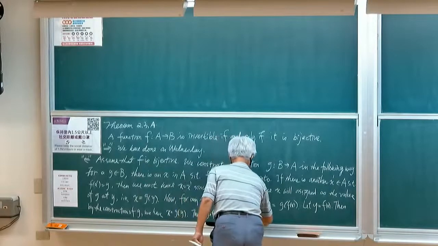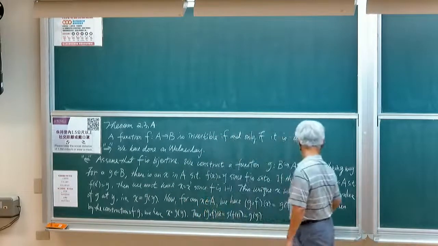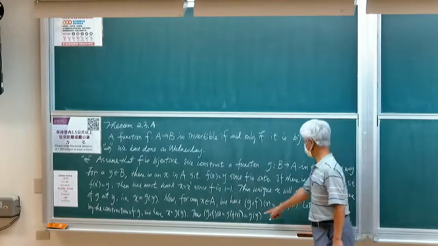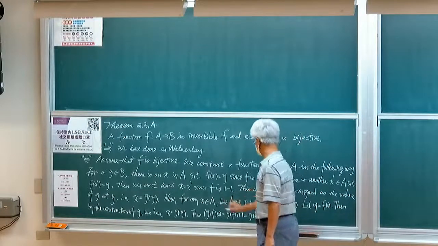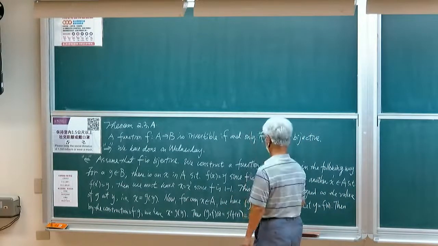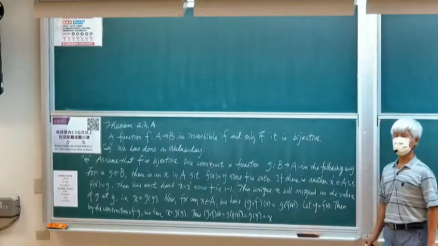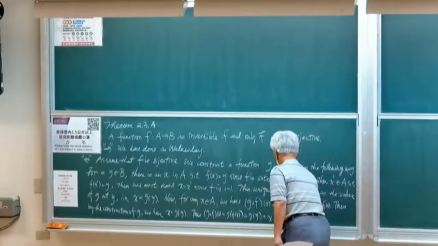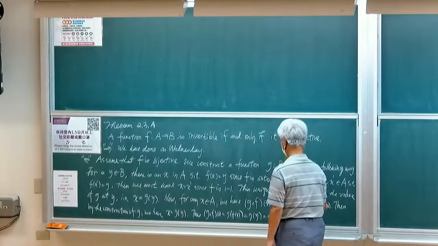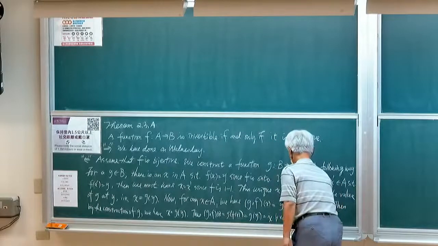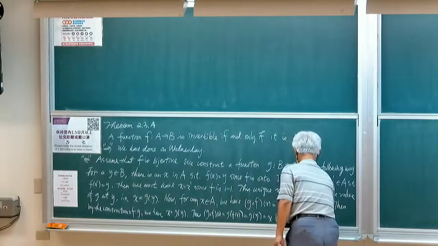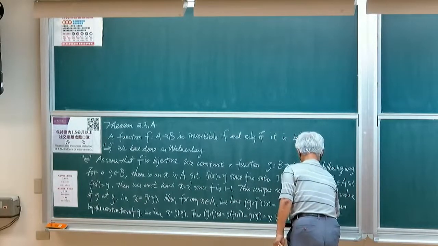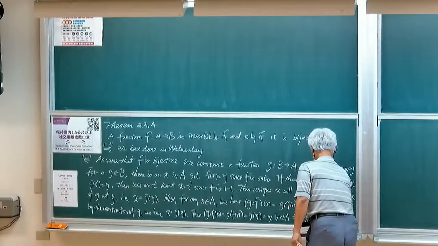And this is g of y, because y is set to be f of x. And then g of y is x for all x in A, which implies that g circle f is the identity of A.